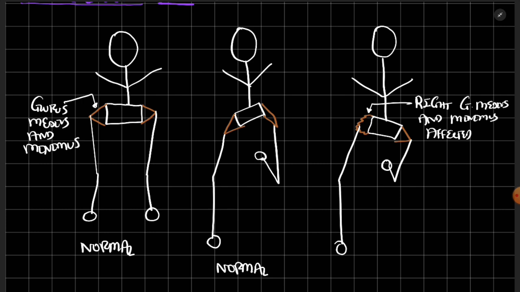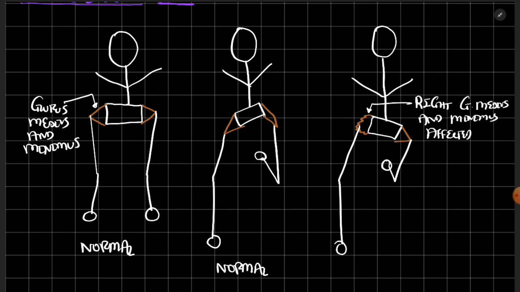Same goes if we stand on the left leg keeping the right leg in the air. The left gluteus medius and minimus pulls the pelvis to the left side, keeps the pelvis in position and prevents it from sagging on the other side.